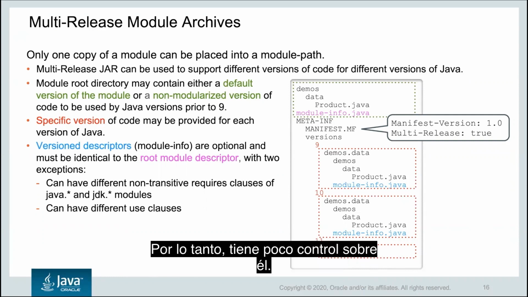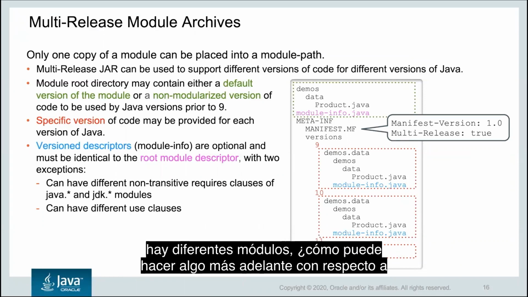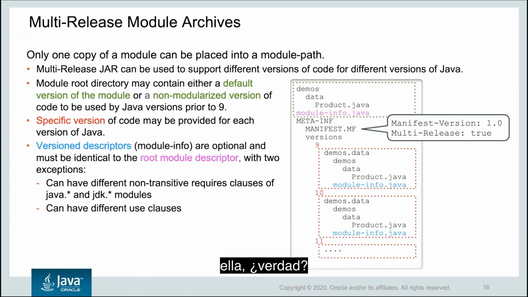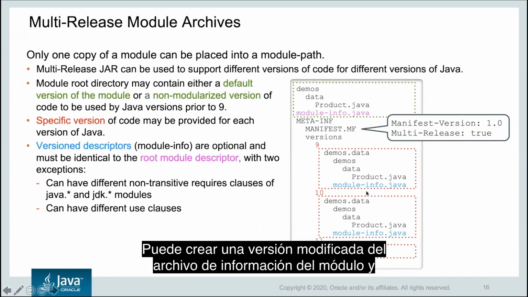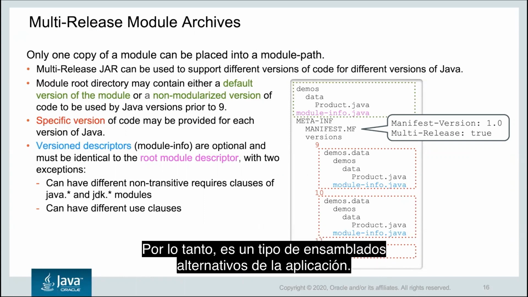So you kind of have little control over it. If a new version of the Java Development Kit is released, and in that new version there are different modules, well, what do you do about it, right? You may create an altered version of the module-info file and refer to different modules if you need to. So that's kind of alternative assemblies of the application.